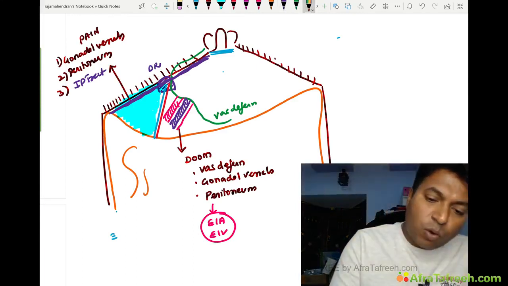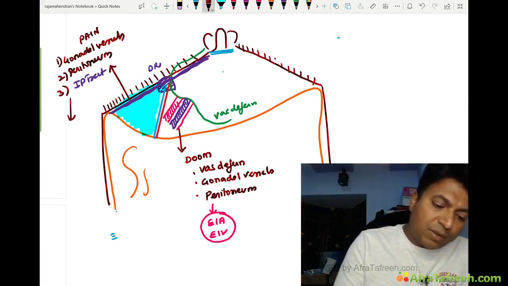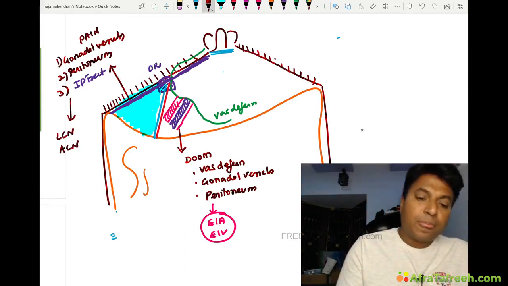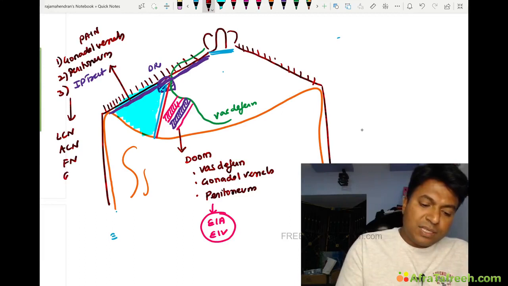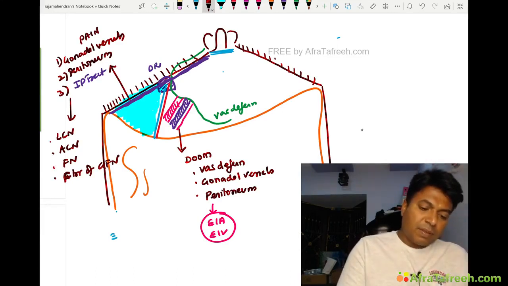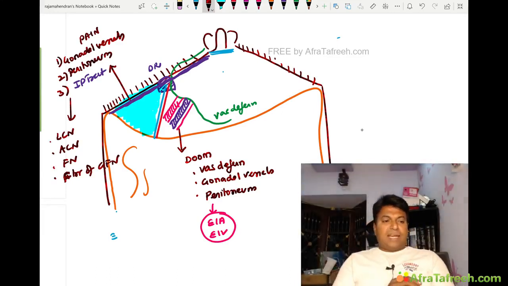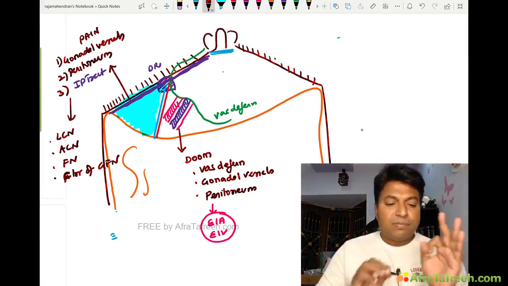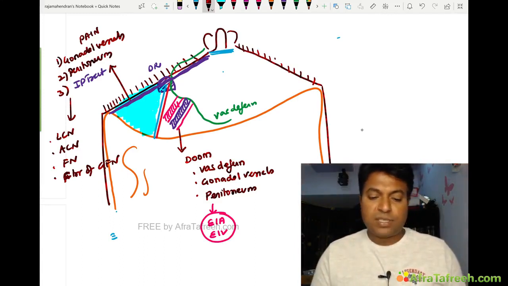It contains four nerves: lateral cutaneous nerve, anterior cutaneous nerve, femoral nerve, and femoral branch of genitofemoral nerve. These are the nerves seen inside the triangle of pain.